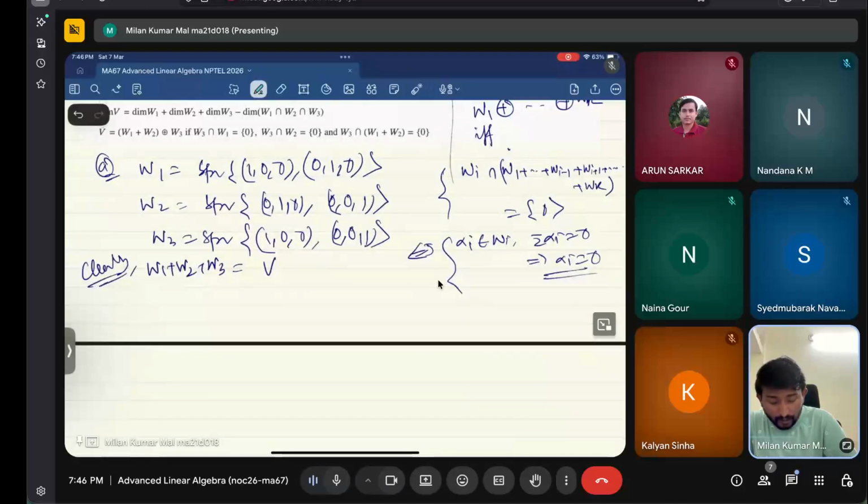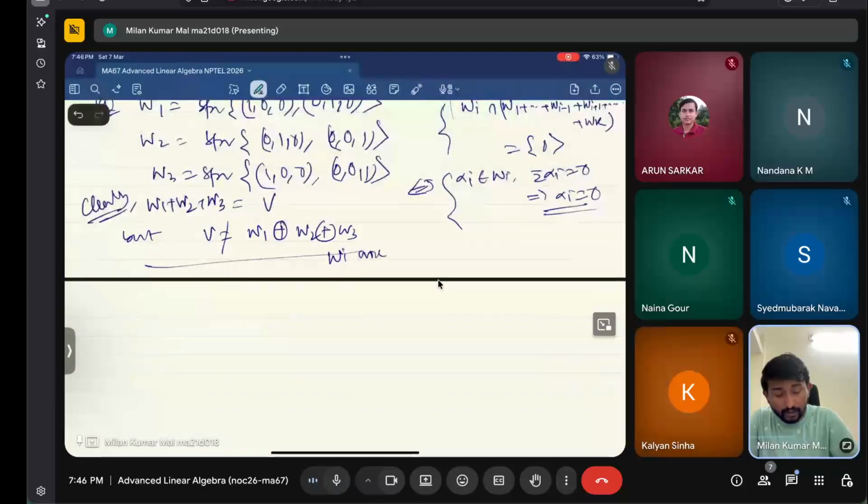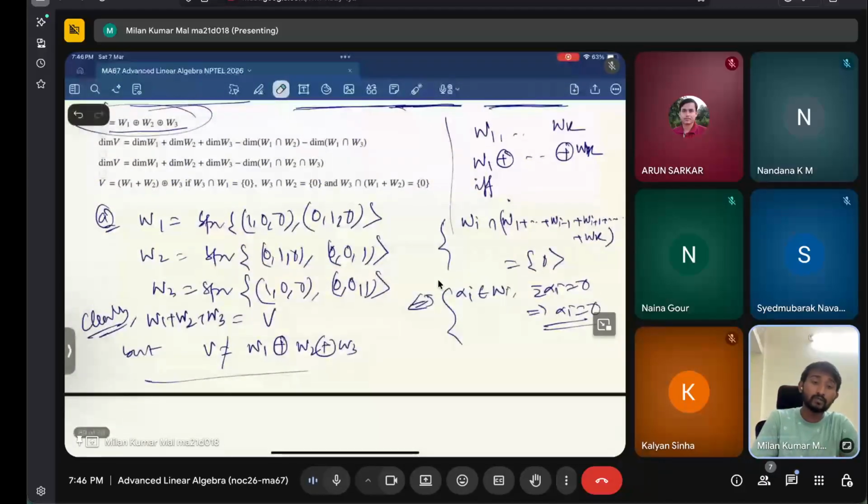But V is not equal to W1 direct sum W2 direct sum W3. That is not correct because the Wi's are not disjoint, and they have to be disjoint. This is the basic necessity, because if Wi intersection W1 plus W2 plus Wi minus 1 plus Wi plus 1 plus Wk is 0, this specific property will give that Wi intersection Wj has to be 0 for all i not equal to j.